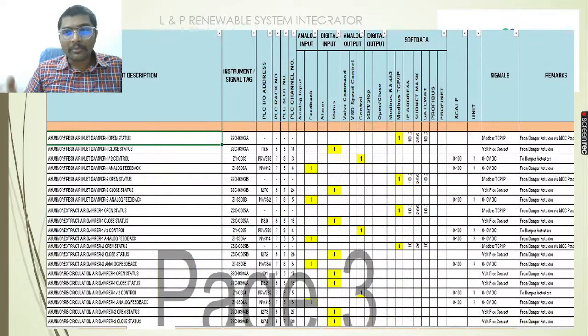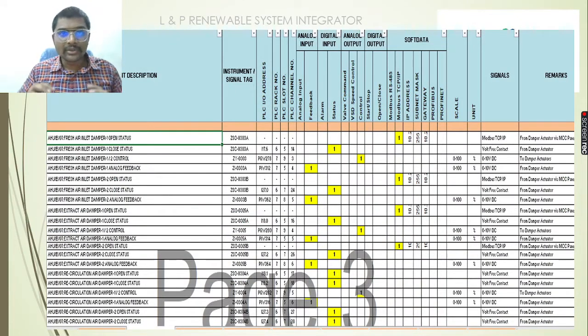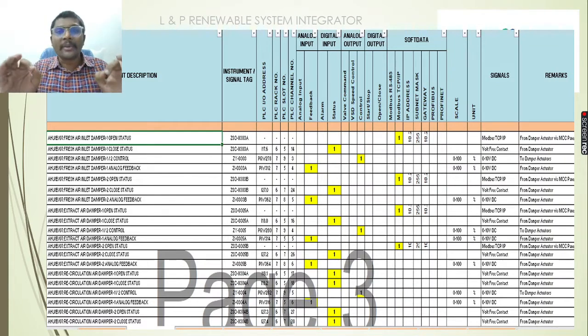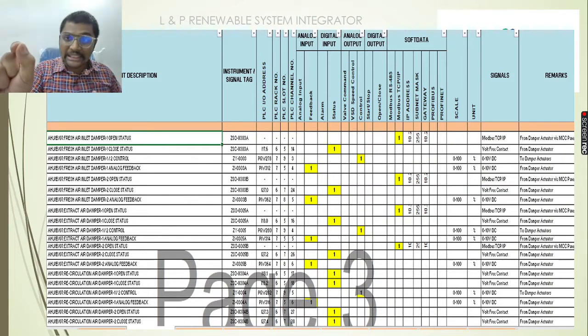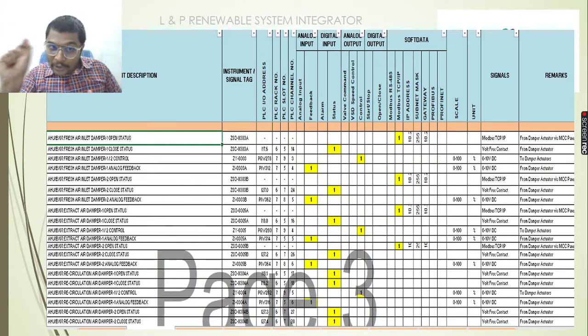Most importantly, now we are getting directly into the BMS view, that is, the building management system or building automation control system point of view. First, we need to monitor the damper open status, monitor the damper closed status, and give the control signal. As we said earlier, it will be 2 to 10 volt, and we need to take the analog feedback also, which will be 2 to 10 volt.